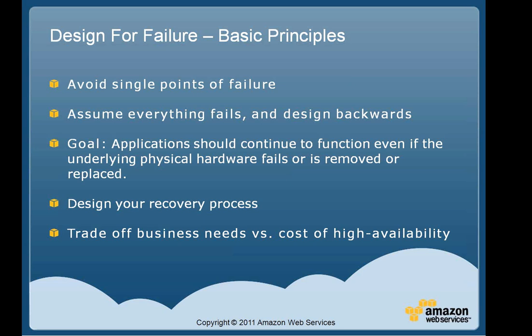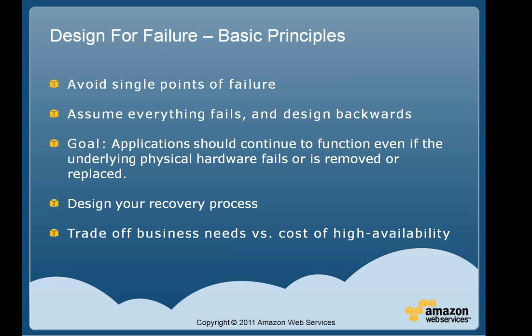So the guidance is, let's assume that everything can fail. A drive, a computer, the network, whatever the component or its function is, let's assume it could fail. And then take a step back and design backwards from it.